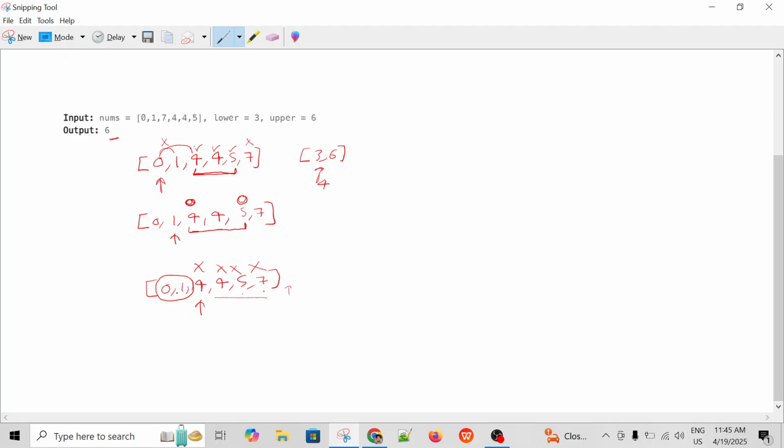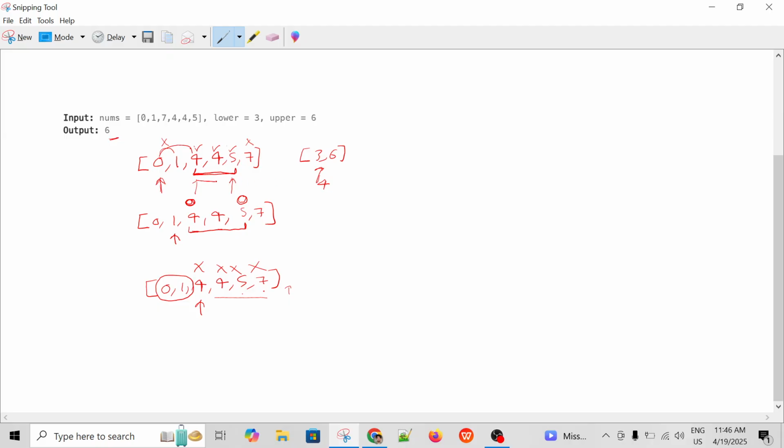In this way, because the array is sorted, using binary search we can find out what could be the starting index for that particular index and what could be the end index which will contribute in the answer.